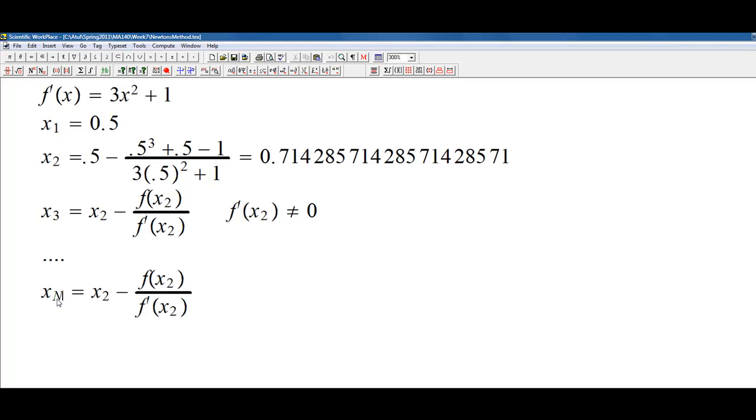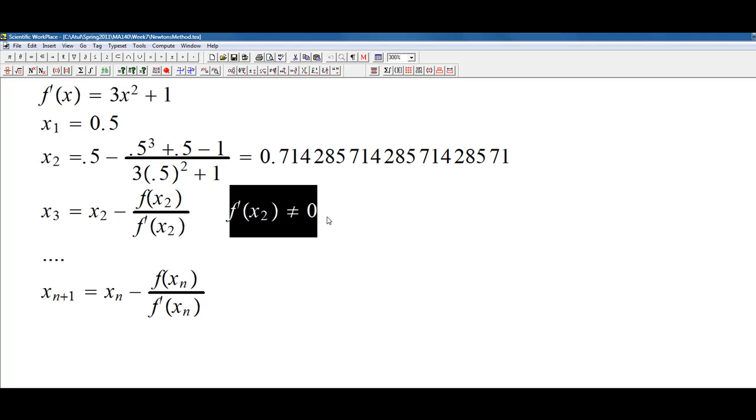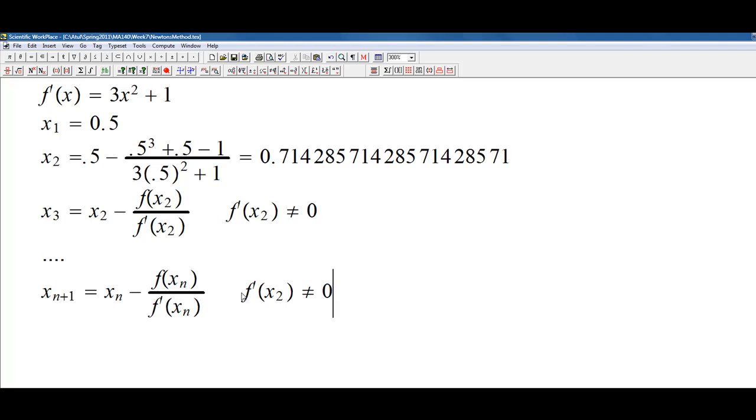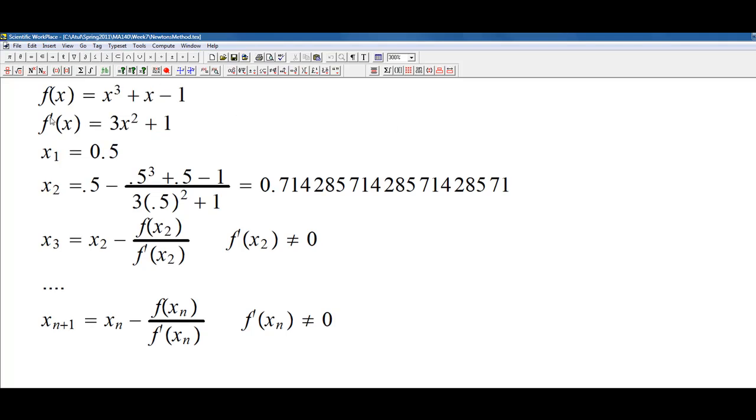And then we have xn here, xn here, and at each stage we must have this derivative as non-zero.